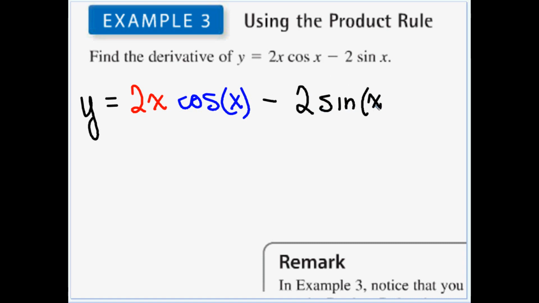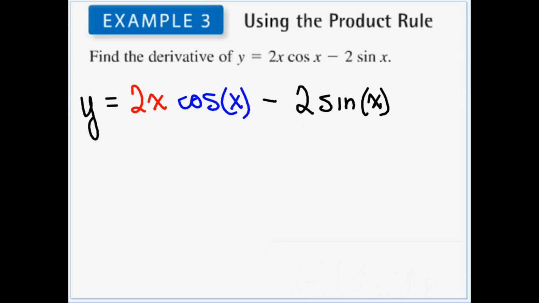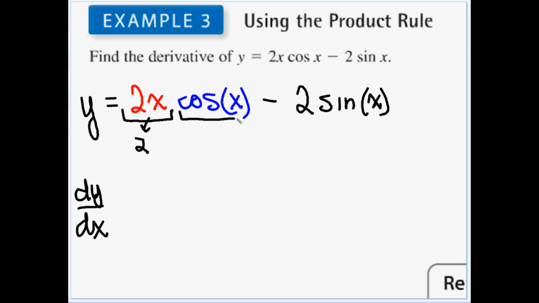Notice here there's only one variable. There's just an x with the sine, sine x. So this is just a constant multiple times sine x. Okay. Dy dx, our derivative. Let's see here. The derivative of 2x is going to be 2. And the derivative of cos is minus sine x.